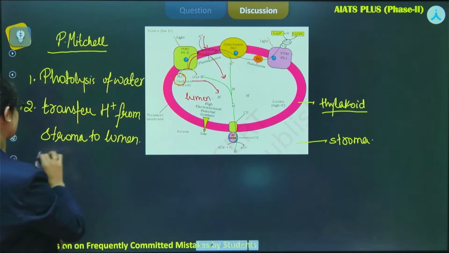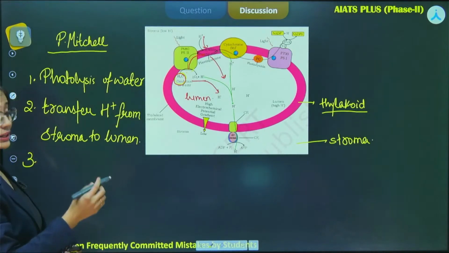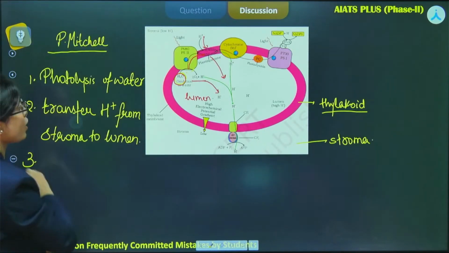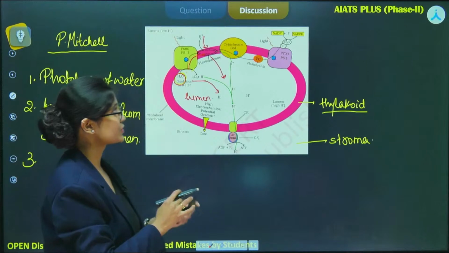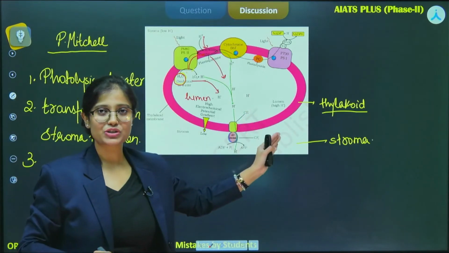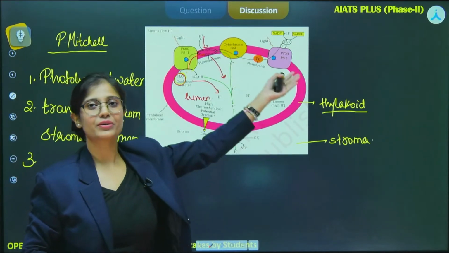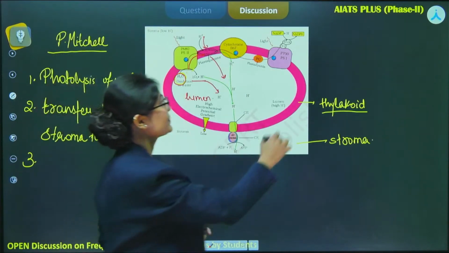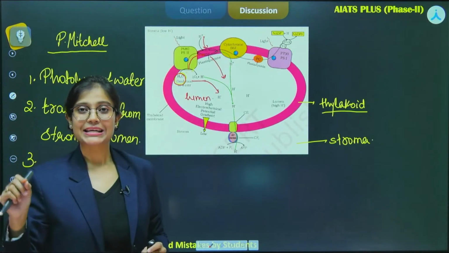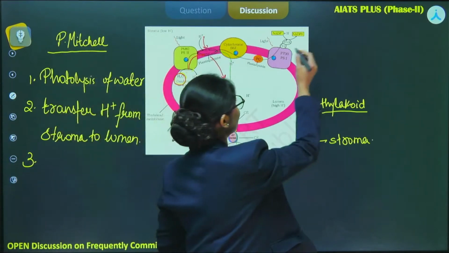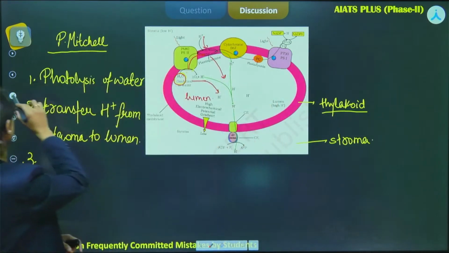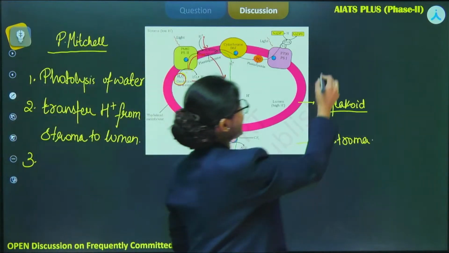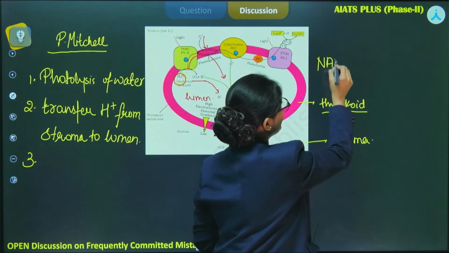Now the third way in which the concentration of protons is increased: one way is to increase the concentration on one side, and the other way is to decrease the concentration on the other side. So how is it actually occurring? There is one enzyme known as NADP reductase.